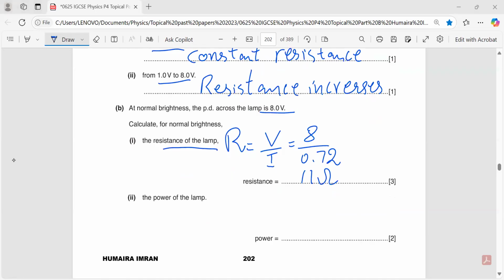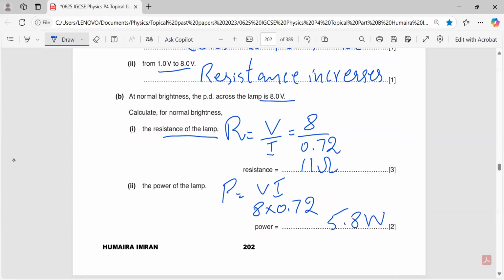For calculating the power, you can use the formula P equals VI. Voltage is 8 and the current is 0.72. After taking the product of these two, you get the answer, which is 5.8 watt.